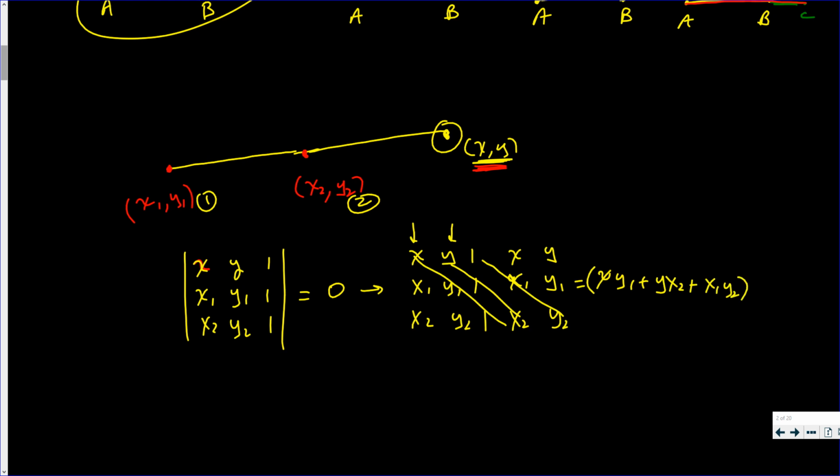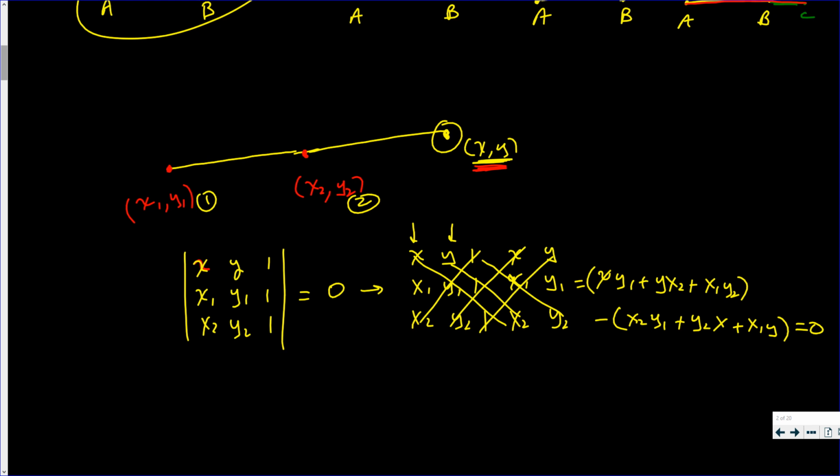Minus, and we go in the other way. And I factored out the minus. So that product is just x2, y1 plus, because I factored out the minus, y2x plus x1y. And this is supposed to equal 0.